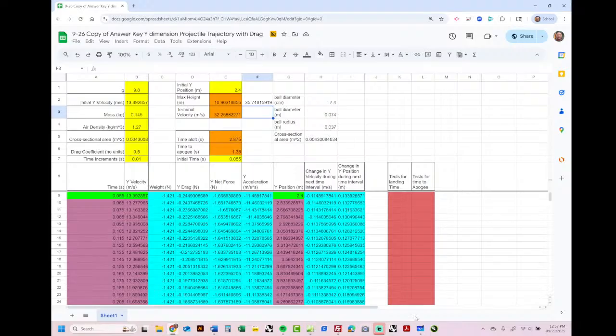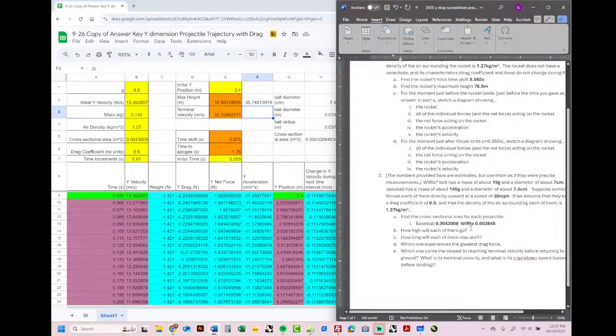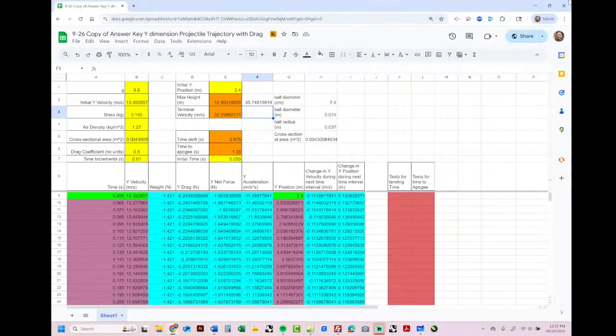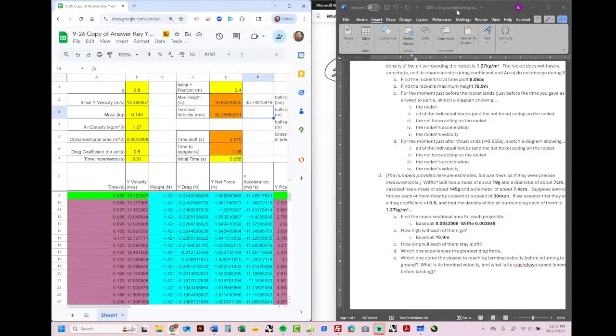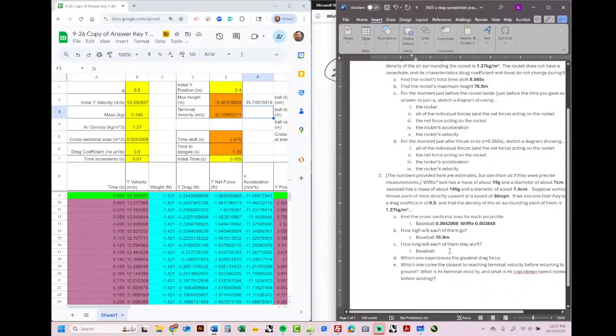Can check that in a little while. So baseball, 10.9 meters. And how long does it stay aloft? Let me shrink that down so I can see both of these at once. Baseball stays aloft for 2.875 seconds.